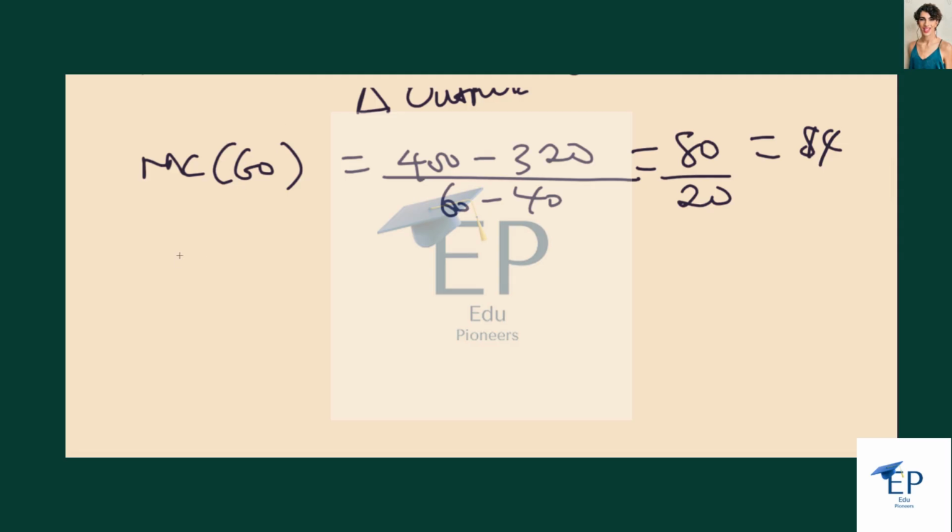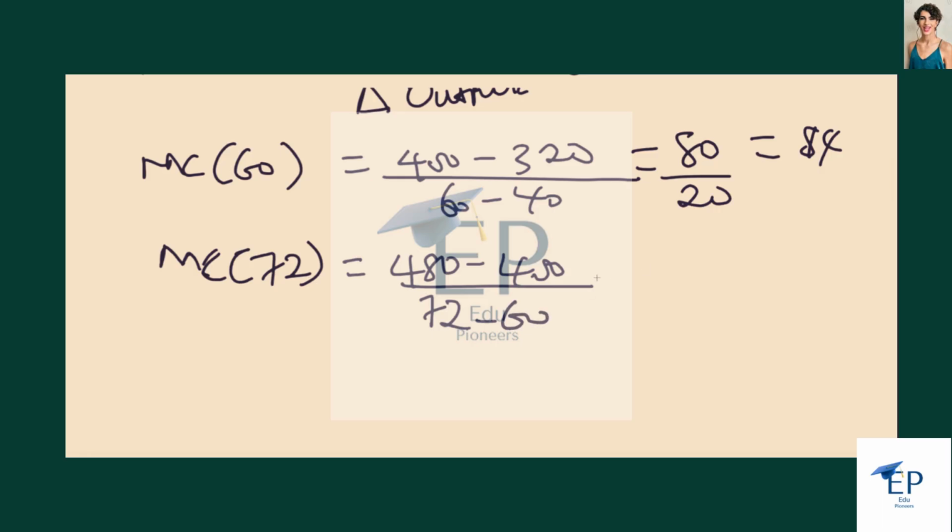Right. So now the marginal cost for 72 haircuts is 480 minus 400 divided by 72 minus 60, right? And that's 80 divided by 12, which is $6.67.